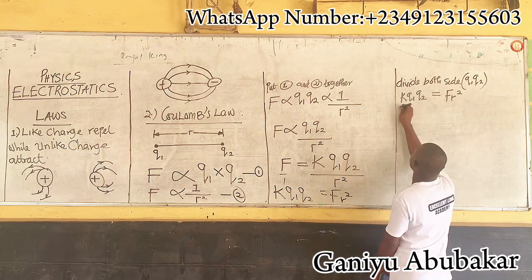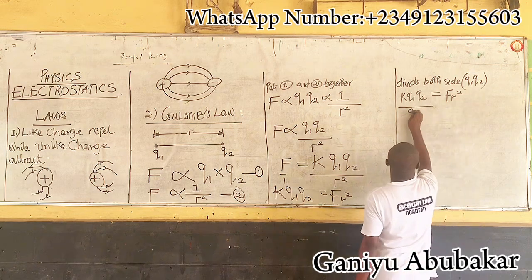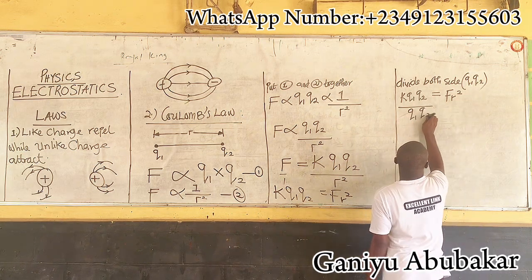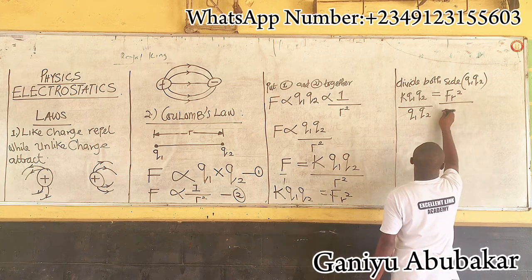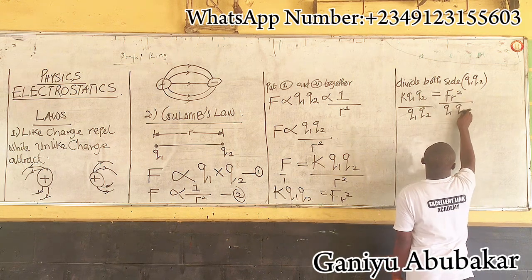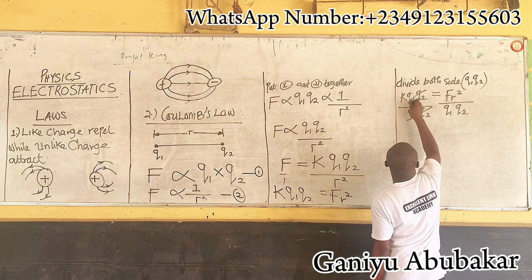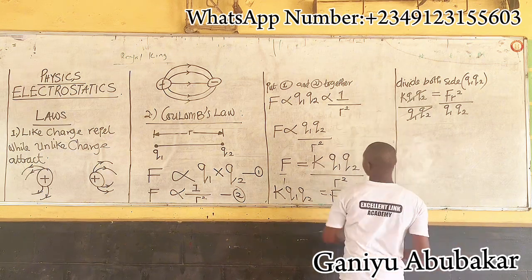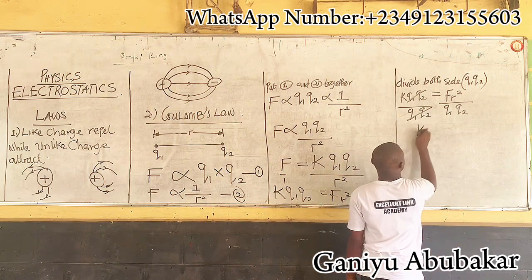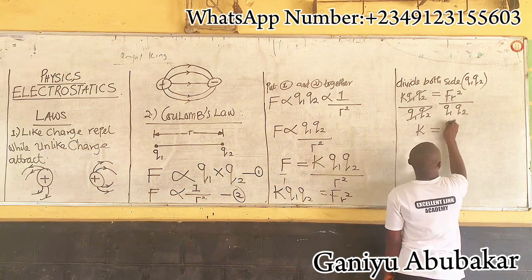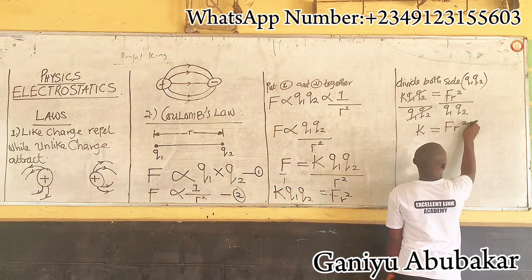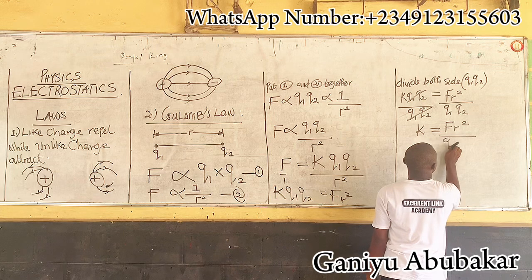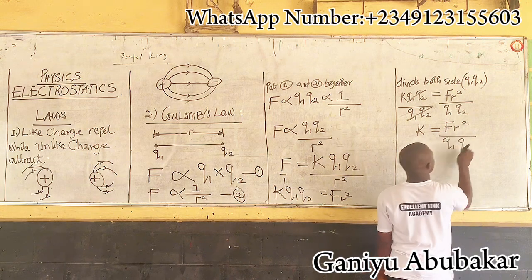You said divide both sides by what? Q1 Q2. So Q1 Q2 all over Q1 Q2. This one will cancel this. So the constant of Coulomb's law, K, will be equal to F R squared all over Q1 Q2.